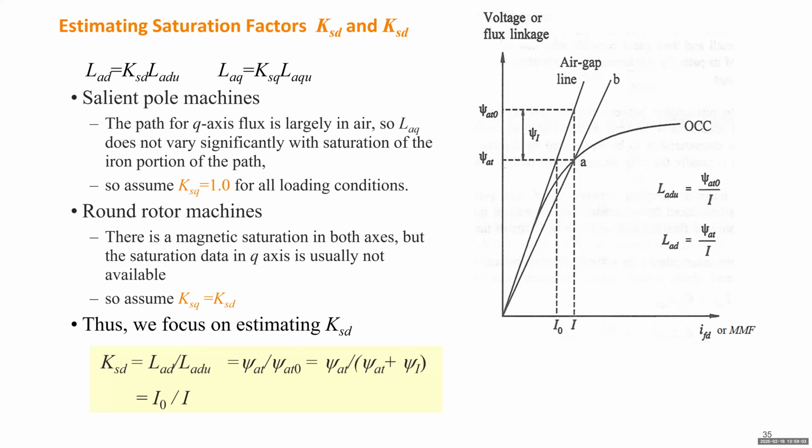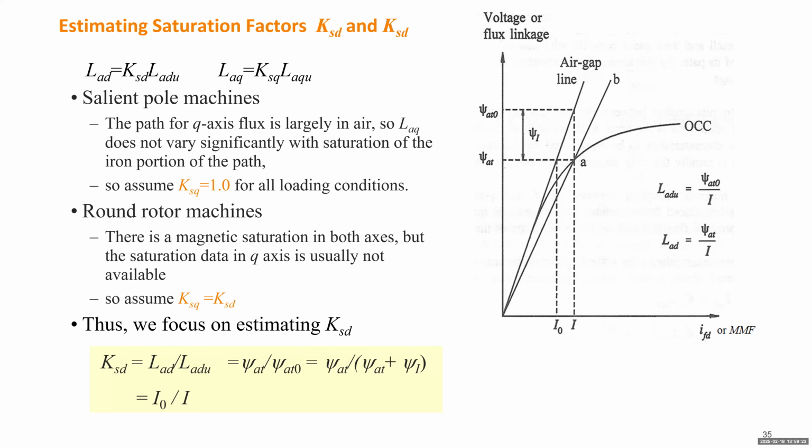If you know those two currents, the factor will be I0 divided by I. What is I0? I is some typical loading condition current.